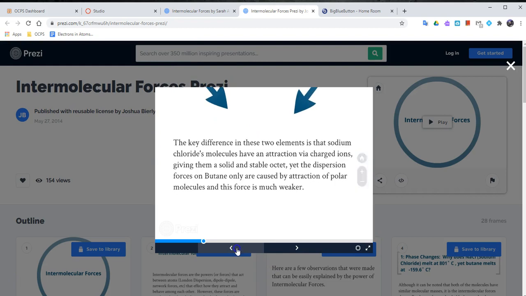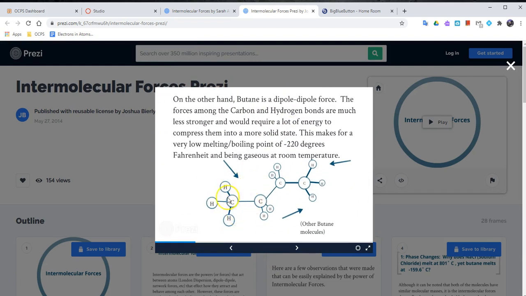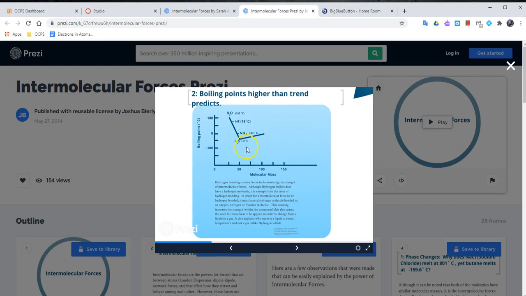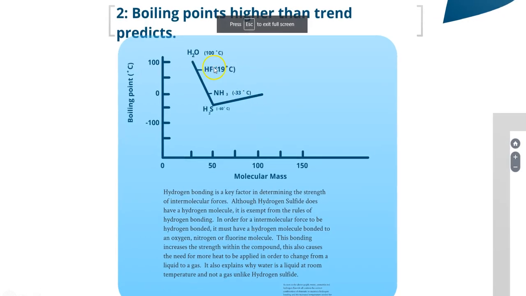Whereas in this previous one, this one right here, carbon doesn't have enough electronegativity to take that electron. Okay? So that means that you'll only see hydrogen bonding when you have it with oxygen, fluorine, and nitrogen. Okay?